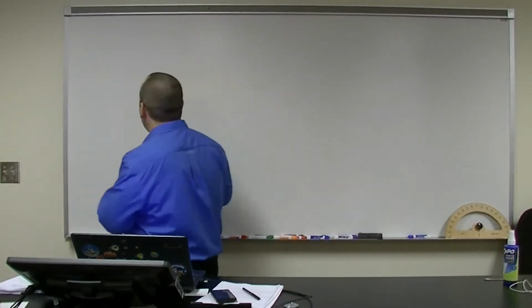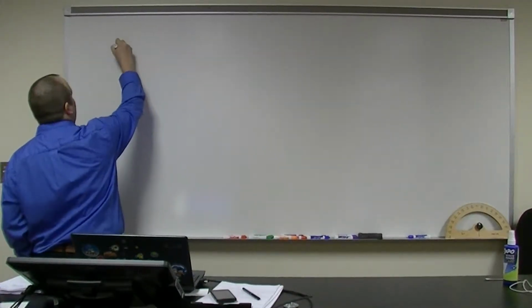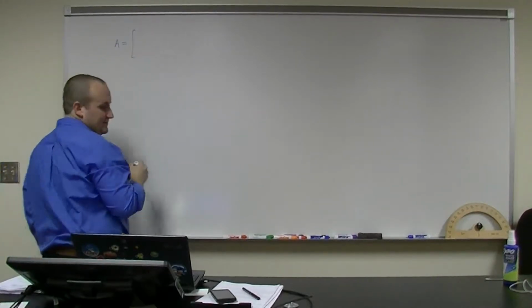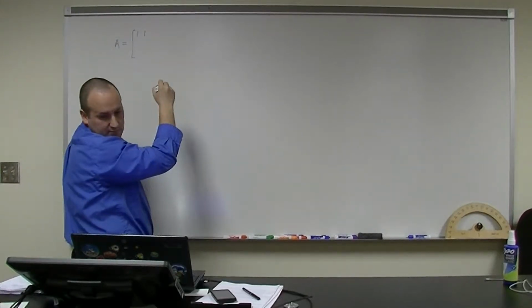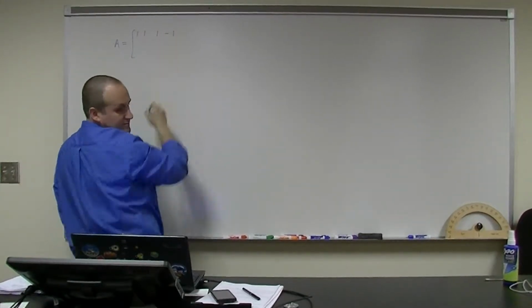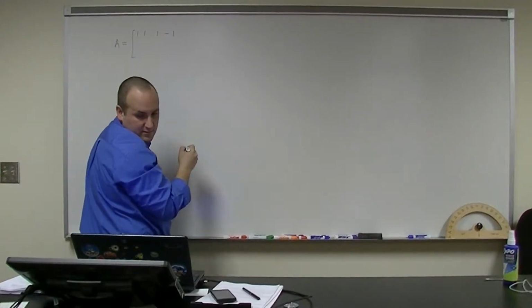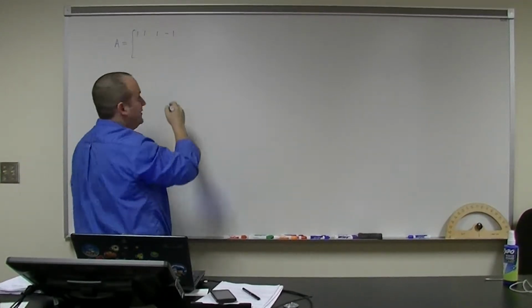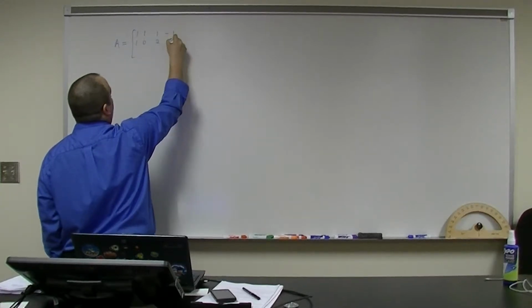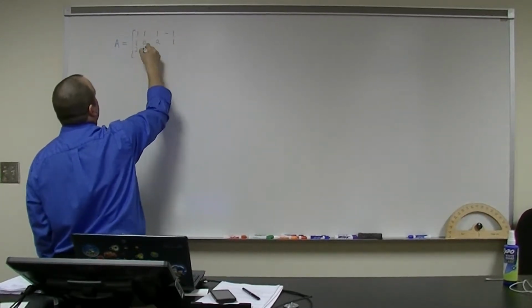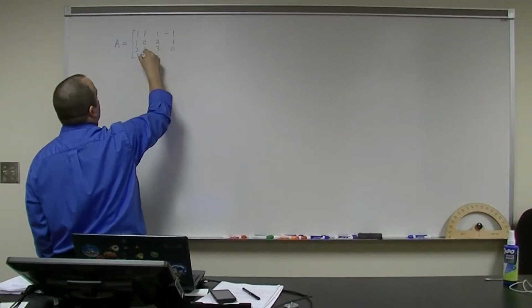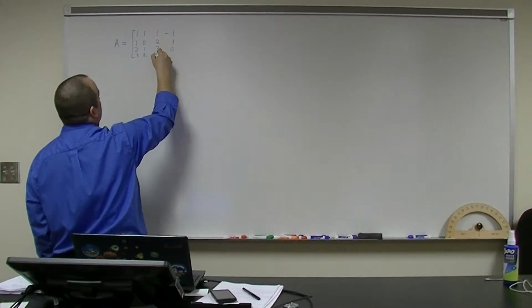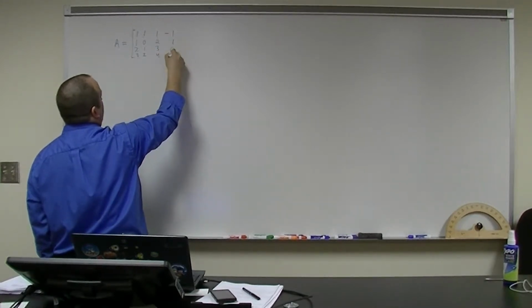If you want to think about problem one in a somewhat unconventional way, here's a fun thing to think about. Say A equals the matrix with rows 1, 1, 1, minus 1; 1, 0, 2, 1; 2, 1, 3, 0; 3, 2, 4, minus 1.